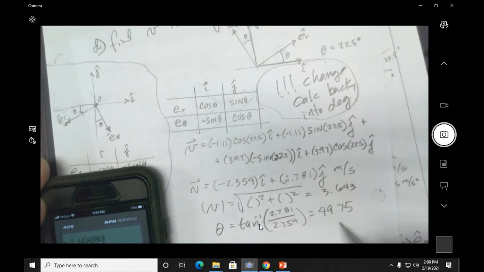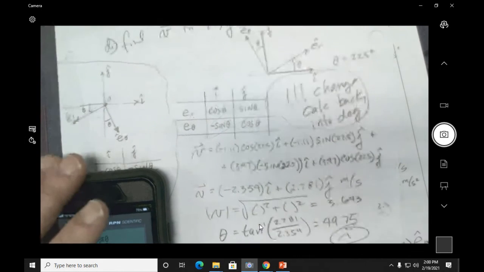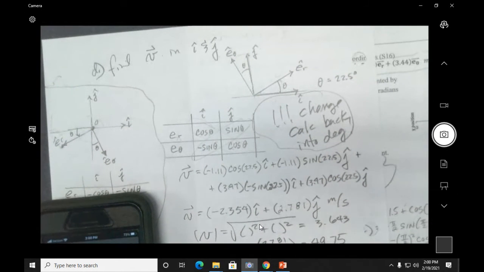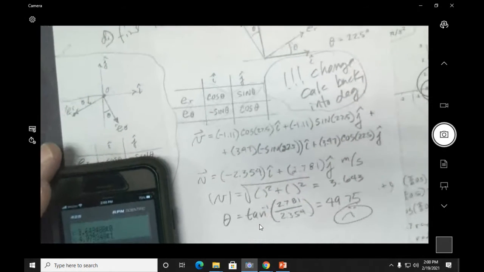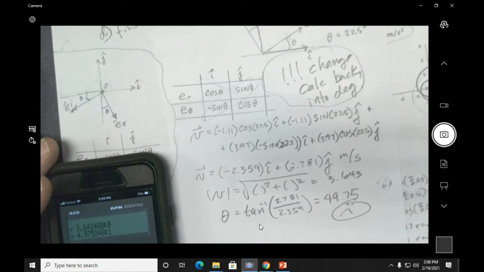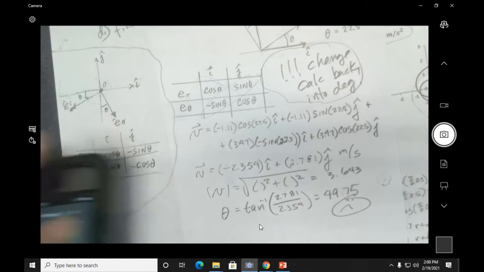Okay, so I did something wrong, I think. I was expecting it to be the complement of 22.5.